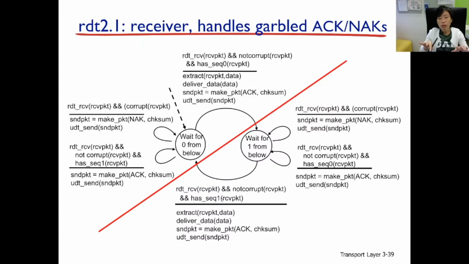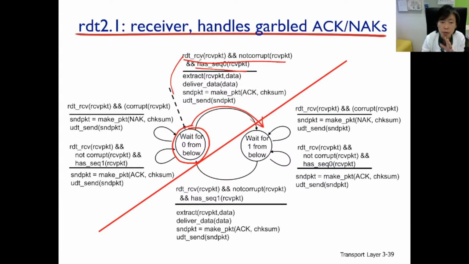And then we propose that we walk through the state machine this way. First, assuming that there are not going to be any data corruptions nor ACK/NAK corruptions, meaning things are going perfectly. At the beginning, the receiver will start from the initial state, wait for packet 0 coming from below. Nothing's going to be wrong there, therefore it will trigger this transition.